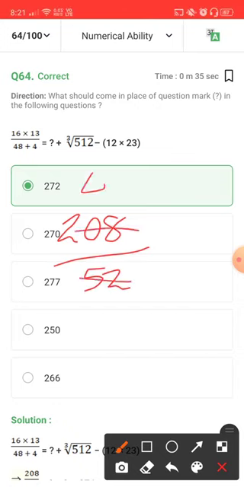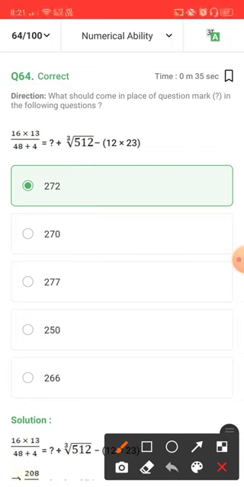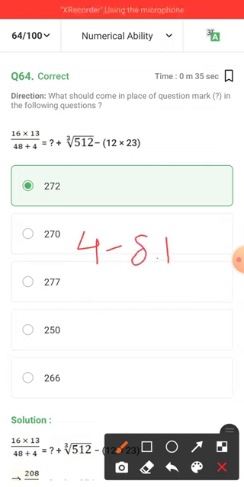We know this is 4. So we get 4. 4 minus 8 plus 12 into 2 into 3, we get 276. 276 for 280 minus 8, 272.